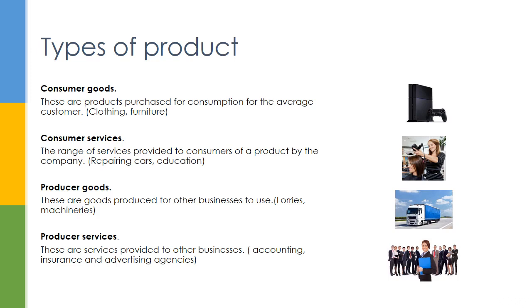So you've got consumer goods and consumer services. Consumer goods are the items that are produced for the consumption of the average consumer. Think about your PlayStation, your clothing, furniture, headphones, anything that is close to you that you're using right now is a consumer good.